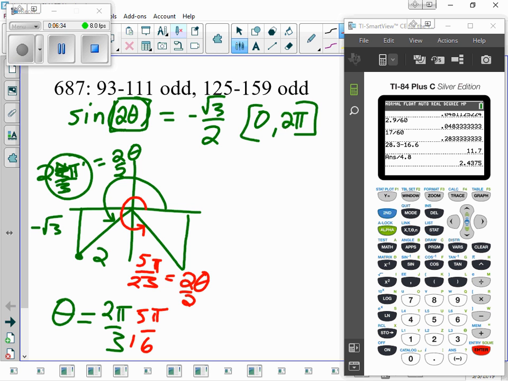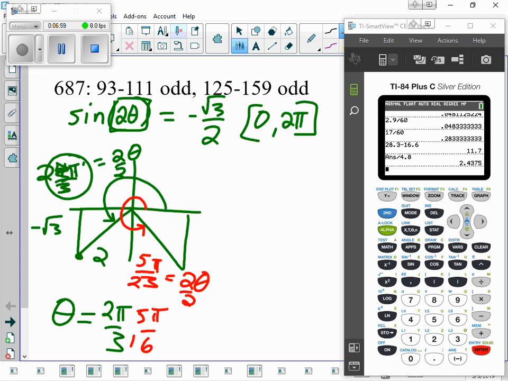Is 5 pi over 6 inside the window? Yes. Do I need to look any further? Are there other angles that create negative root 3 over 2 that I can cut in half and still land between 0 and 2 pi?